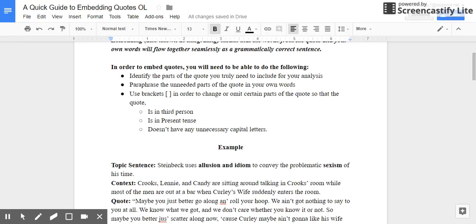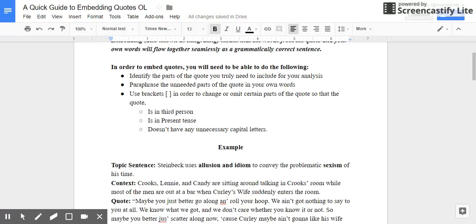And lastly, and maybe the most complicated part of embedding, is the use of brackets. So bracket is the symbol here. And you have to use brackets so that the quote and your own words flow together seamlessly.